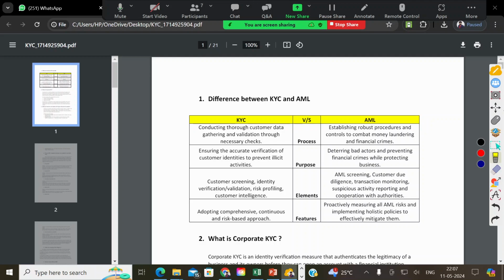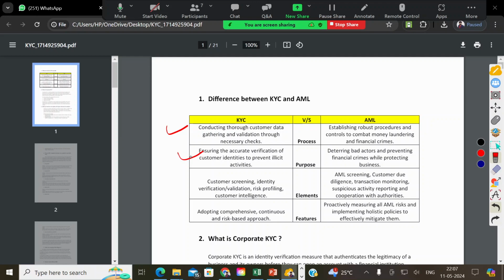All right, so now let's talk about process. As we have discussed, KYC is conducted through customer data gathering and validation through necessary checks. Necessary checks means ID, documents and all. If we talk about the purpose of KYC, KYC ensures accurate verification of customer identities to prevent illicit activities.